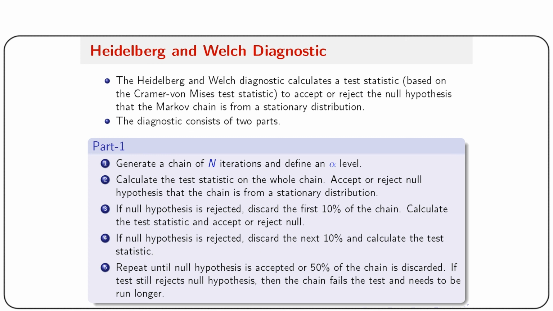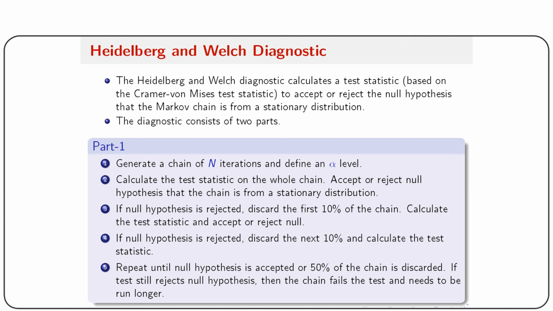So this will test whether it is converging to a stationary distribution or not. The diagnostic consists of two parts. Part 1: generate a chain of n iterations and define an alpha level, calculate the test statistic on the whole chain, and accept or reject the null hypothesis that the chain is from a stationary distribution.